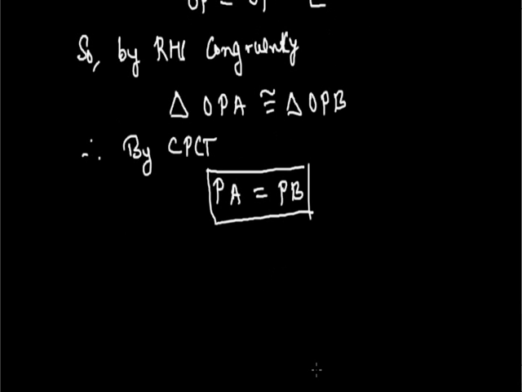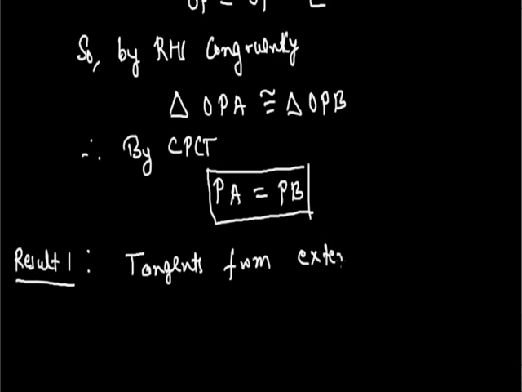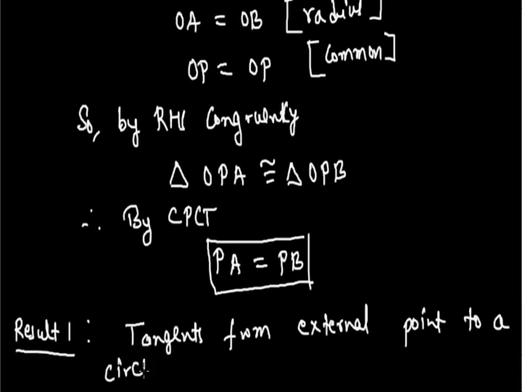Now from this theorem we can draw two results. So result 1, tangents from external point to a circle subtend equal angle at the center.